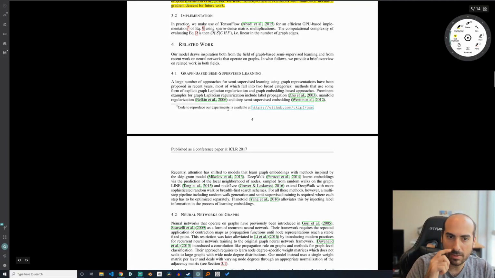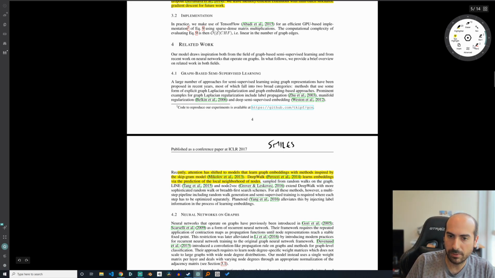And so then they say there's a bunch of related work with Laplacian regularization, label propagation, semi-supervised embeddings. Inspired by the skip-gram model, DeepWalk learns via the prediction of local neighborhoods of nodes. Yeah, I've actually talked about these quite a bit. For example, there's this format called SMILES, which people use in chemistry.